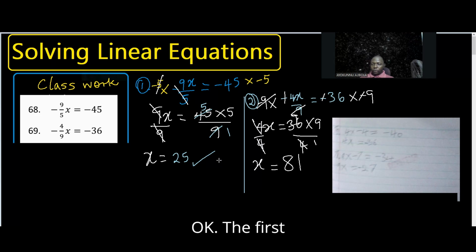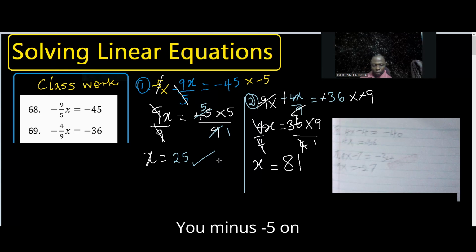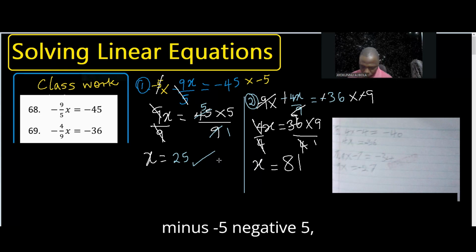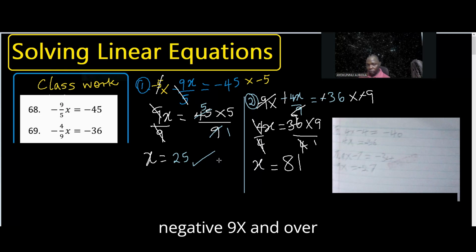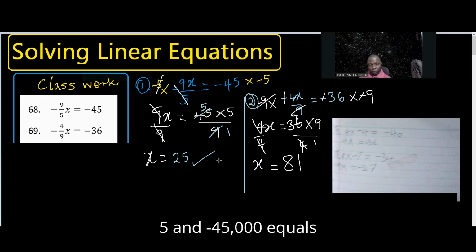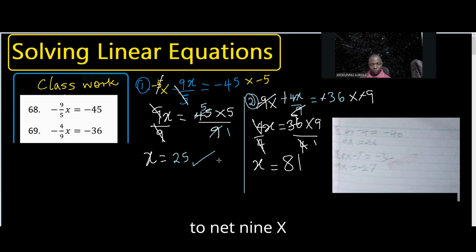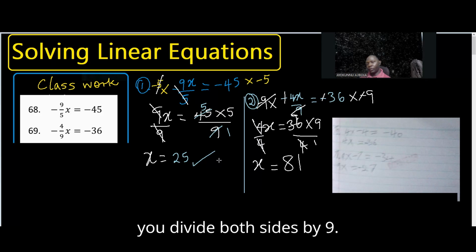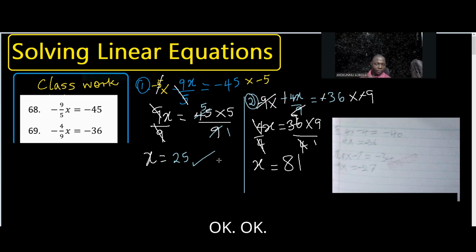Okay. The first is subtracting negative 5 on both sides, which gives 9x over 5 equals negative 45... actually, no, 9x over 9 equals 45 times 5 over 9. Because you divided both sides by 9.